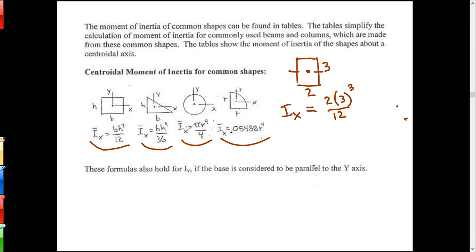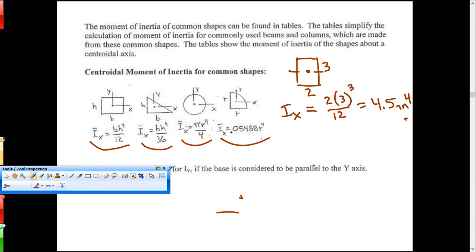So what do I got there? What is that? Is that 4.5 when you get that all worked out? 54 over 12, 4.5, okay. And if that were inches, I didn't really spec units on that, it'd be inches to the 4.